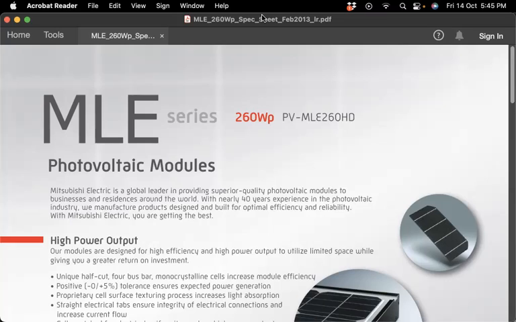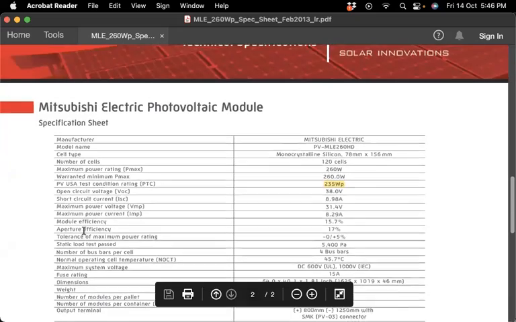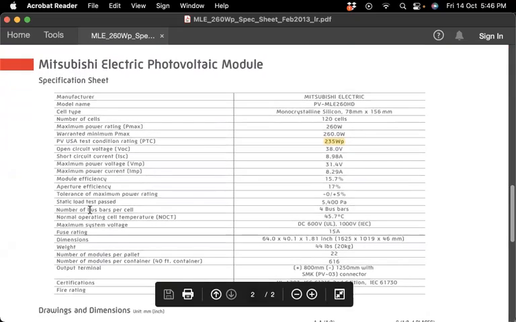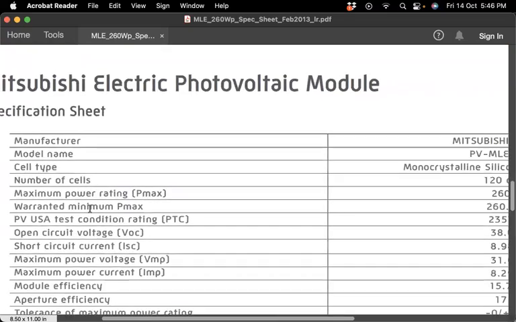So in this case, as I mentioned, we have a typical solar module data sheet, and we are going to describe these parameters step by step. Let me go directly to the second page where we have this specification, and let's start following this specification item by item.